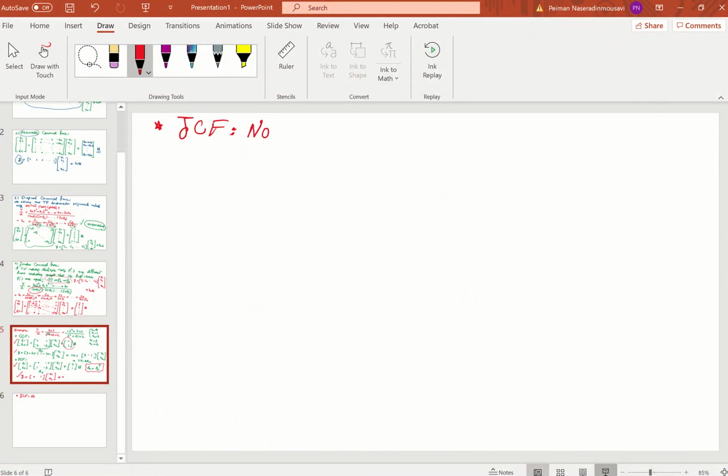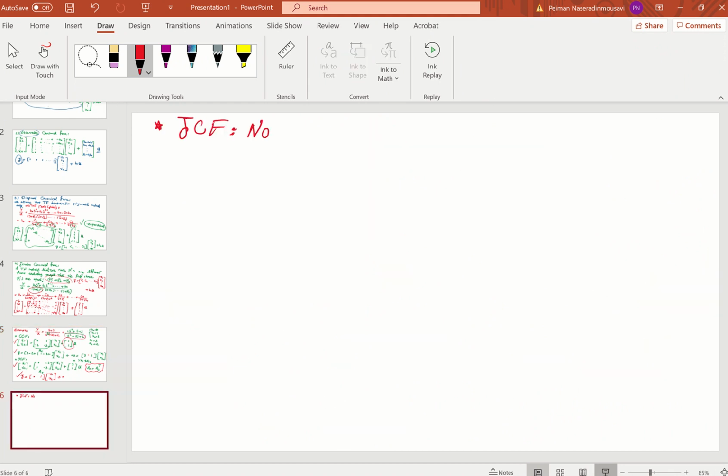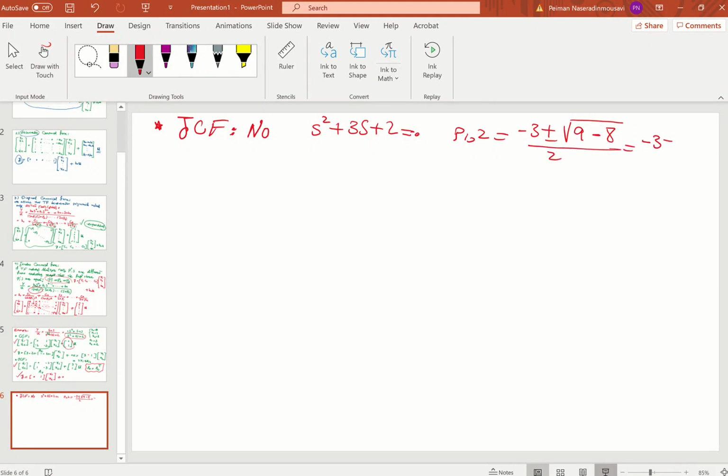But the poles of this transfer function are found from the characteristic equation, s squared plus 3s plus 2 equals 0. From high school algebra, the poles are minus 3 plus or minus the square root of 9 minus 8, divided by 2, which is minus 3 plus or minus 1 over 2.